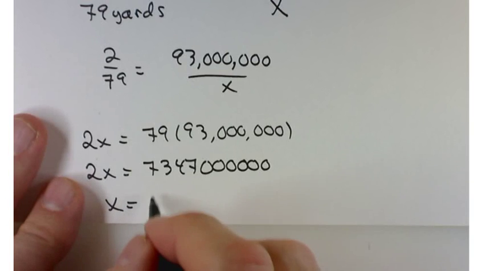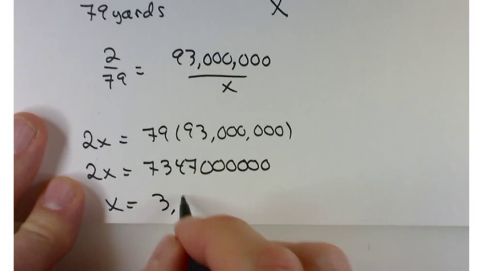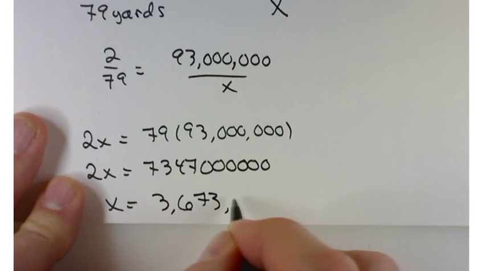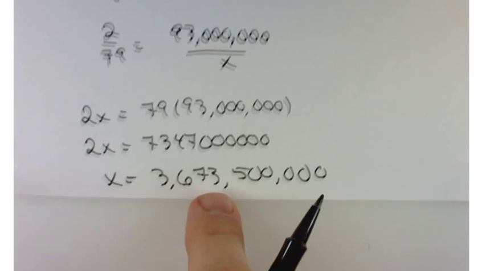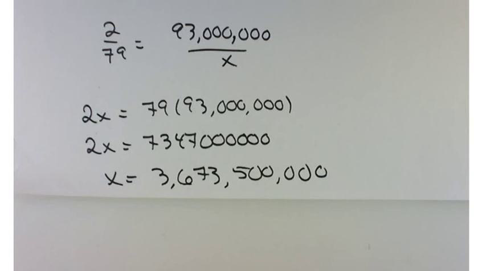A really big number, yeah. 3 billion, keep going. Well done. So this is the average distance of Pluto from the Sun, about 3.6 billion miles. It's a long, long ways.